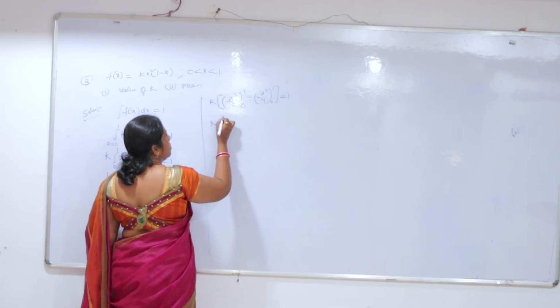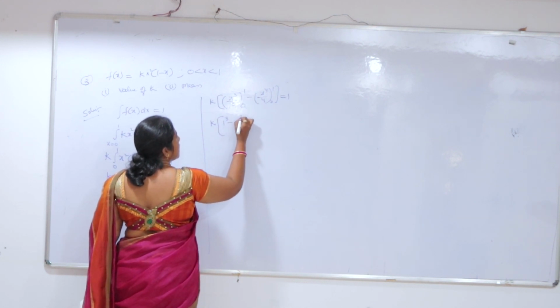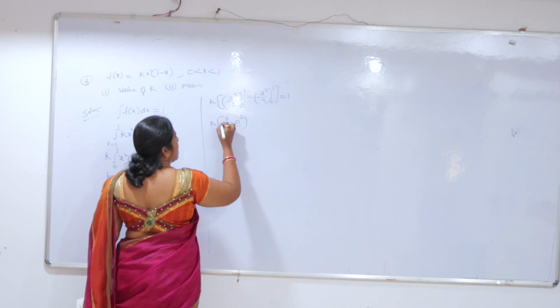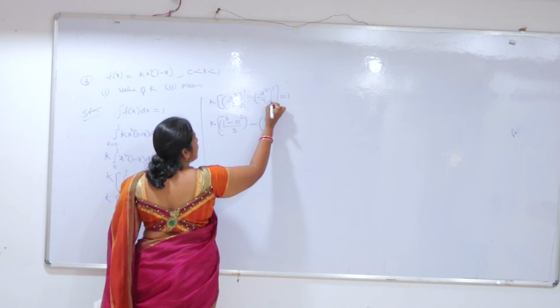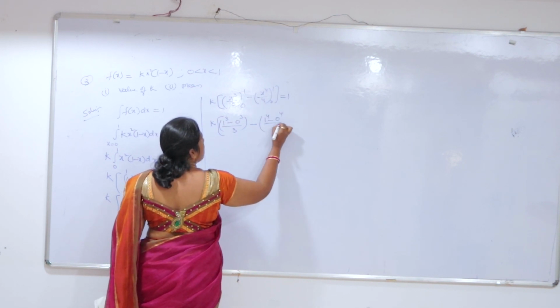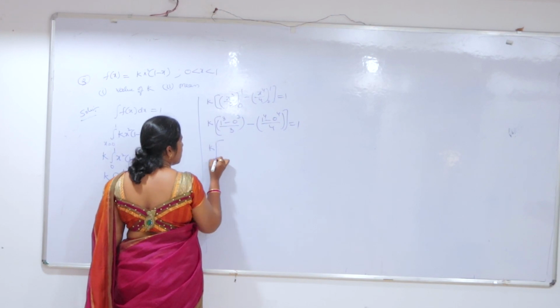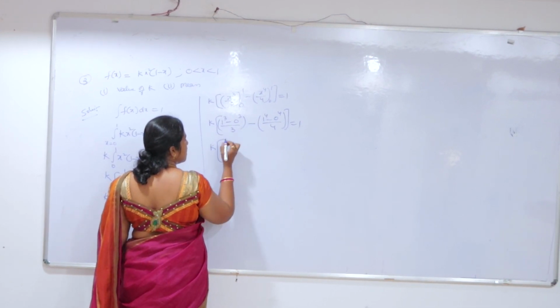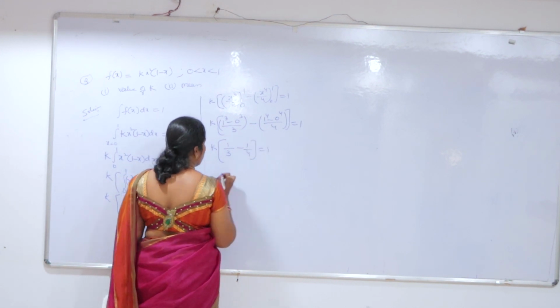Now k into, upper limit minus lower limit: 1 cube minus 0 cube by 3 minus 1 power 4 minus 0 power 4 by 4 equal to 1. So k into 1 by 3 minus 1 by 4 equal to 1.